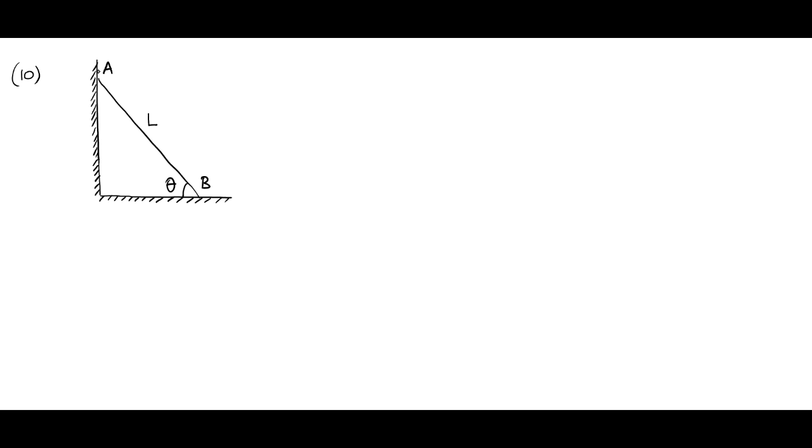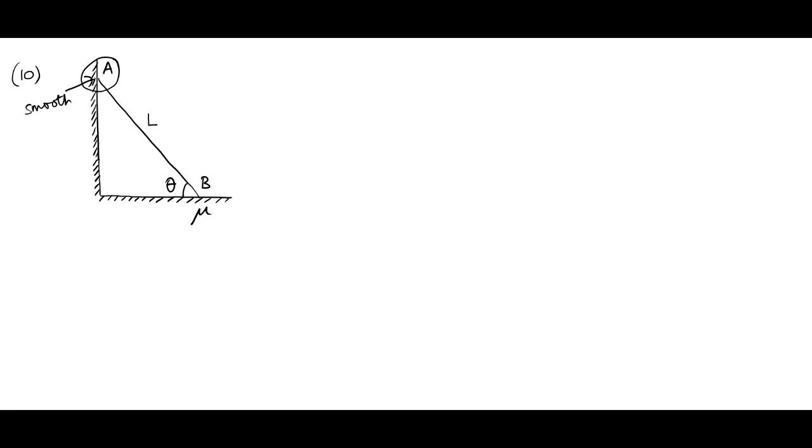So end A rests against the wall and similarly end B rests on the floor. The wall is smooth, which means that there is no friction at end A, and at the same time the floor is given to be rough, and the coefficient of friction between the floor and the rod is given to be mu.